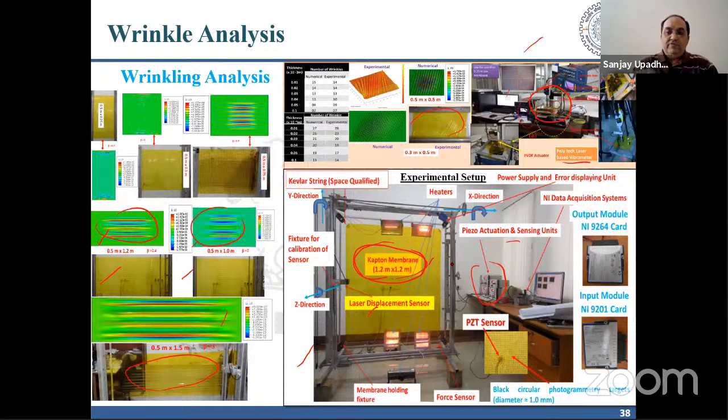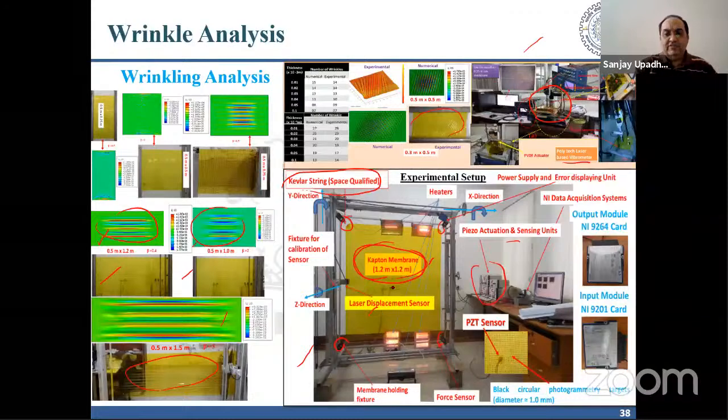To control the wrinkles, it is required to stick the piezo patches. Then here we have utilized Kevlar strings. This is a space qualified material to hang these structures. Here we did experiments on the prototype model with this membrane attached.